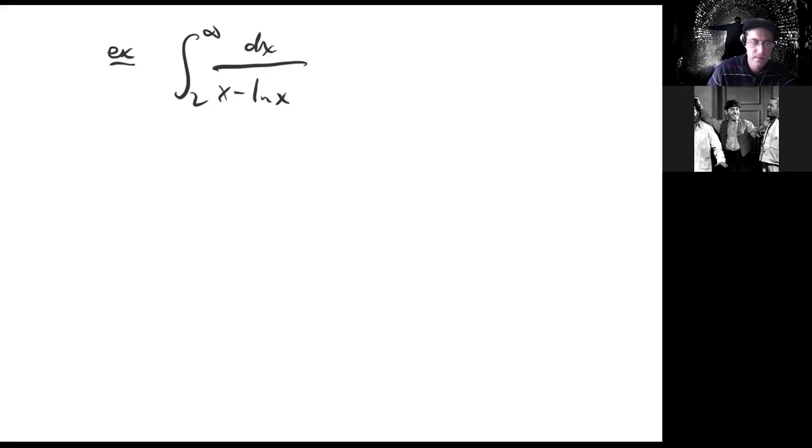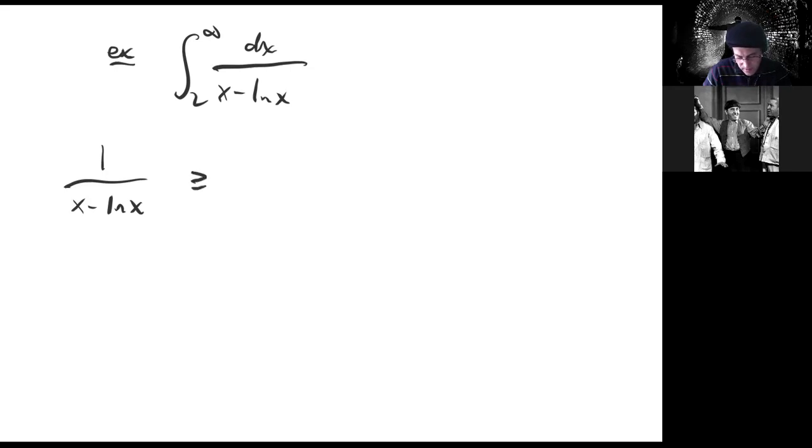So let's do one final example. The integral from 2 to infinity of dx over x minus ln of x. Okay, so now 1 over x minus ln of x, we want to compare it to something. Now, we don't know the answer, but it looks like in this expression, you're subtracting off ln of x from x.